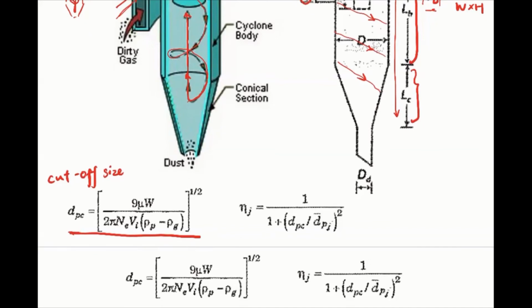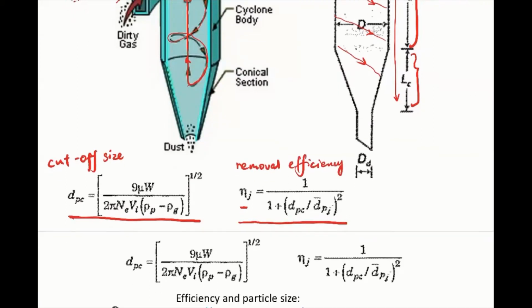On the right-hand side is the equation that calculates the removal efficiency, the eta here. This removal efficiency is specific for a particle with a size of dpj.